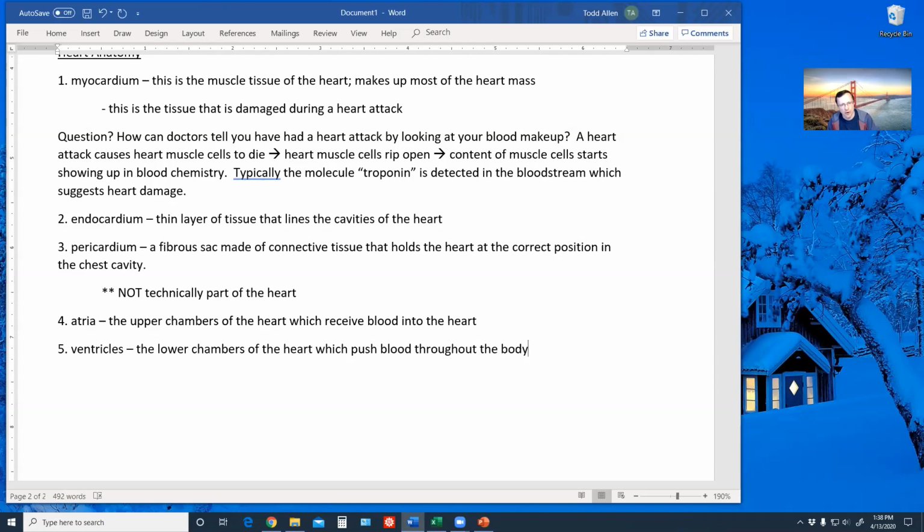The walls of the ventricles are myocardium tissue, right? They're made of heart muscle. So these are massive things that are very powerful, very, very strong muscle chambers.